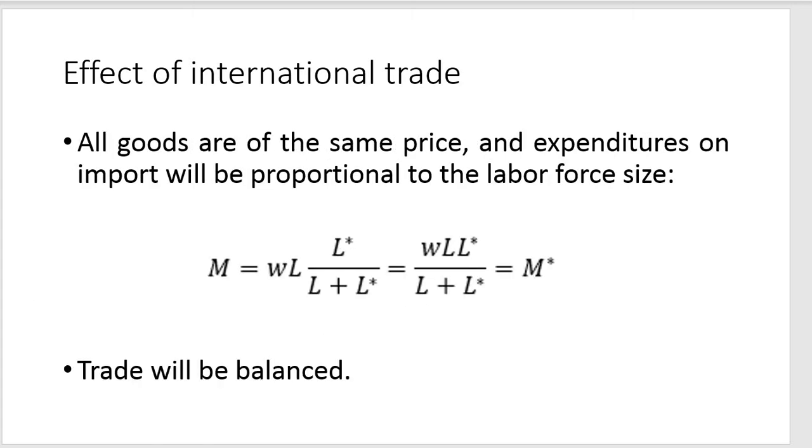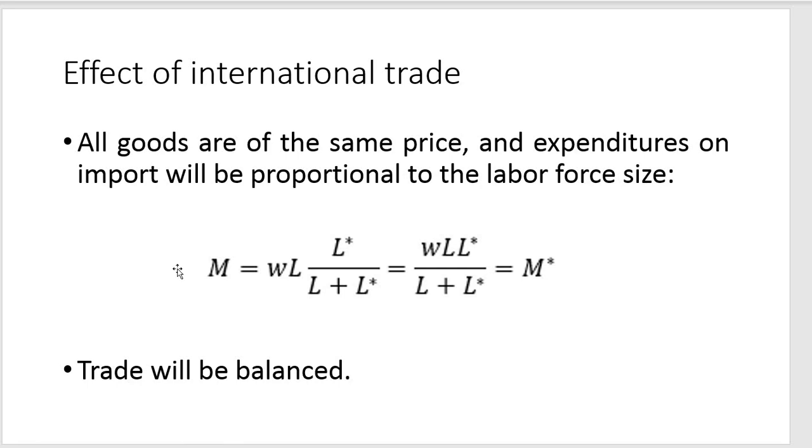So we assume that all goods are of the same price and expenditures on imports will be proportional to the labor force size, because again, last time we discussed that we assume the representative worker to be the same as the representative consumer.